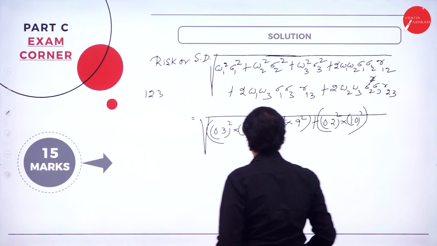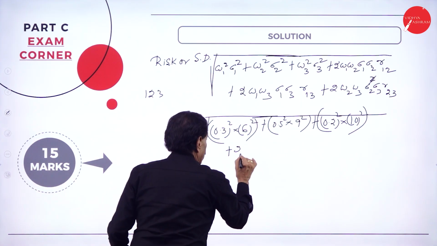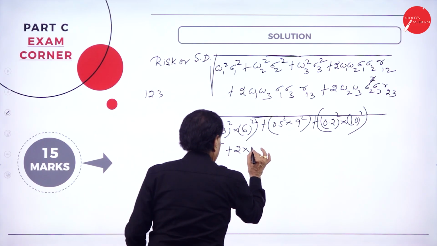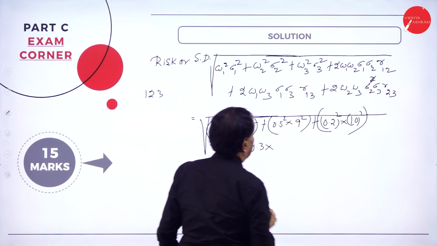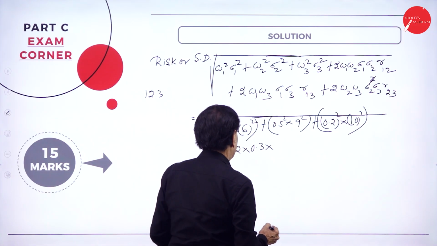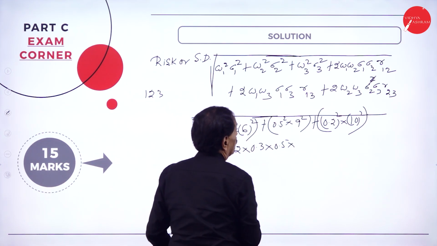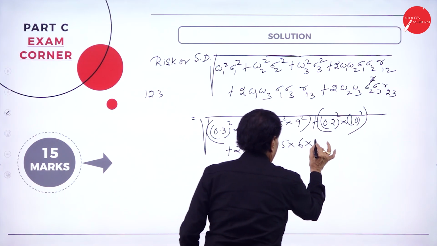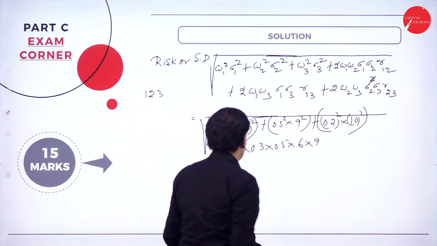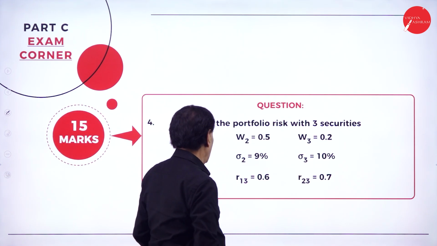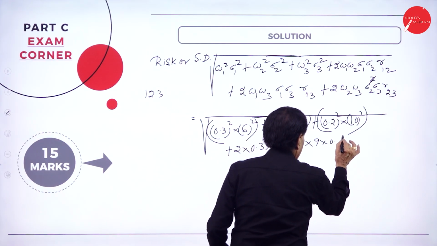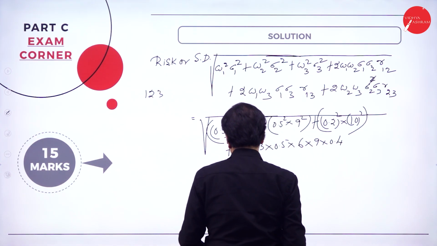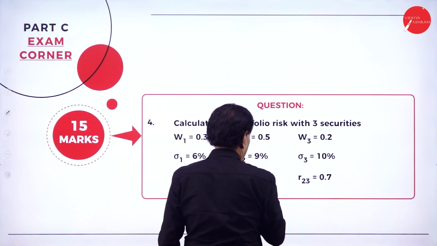This is another group. Plus 2 into W1 into W2 into standard deviation 1 into standard deviation 2 into R of 1,2, which is 0.4.